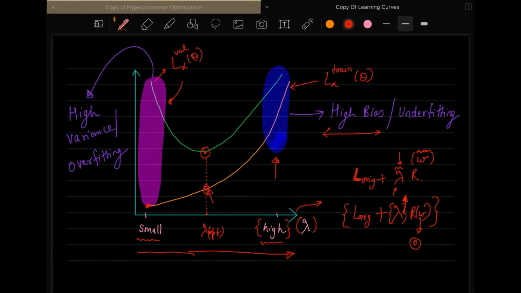Though it's not an optimal point for training, it is far better than this region where we are having a higher loss compared to this point. So this is showing you how to select lambda for a particular neural network.